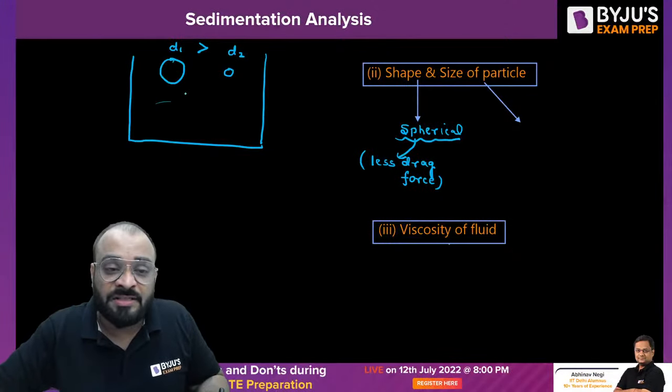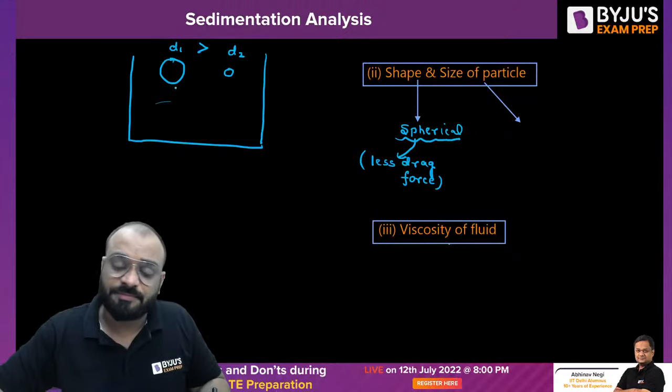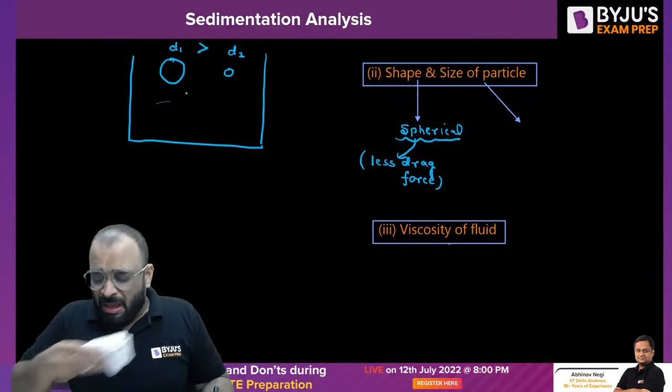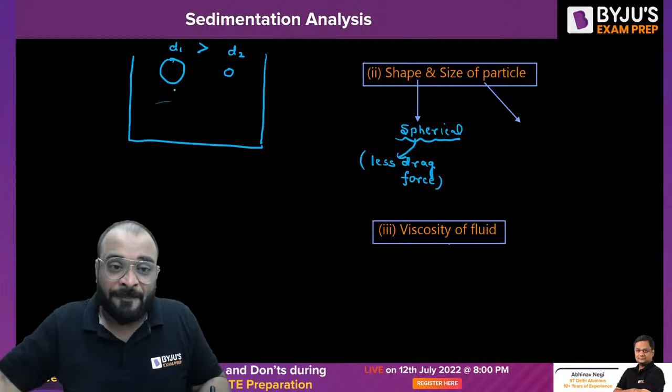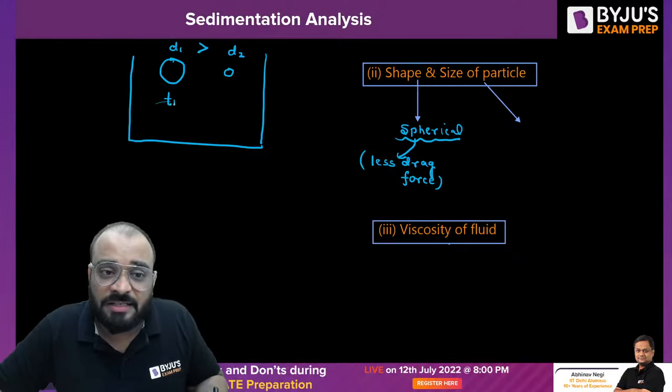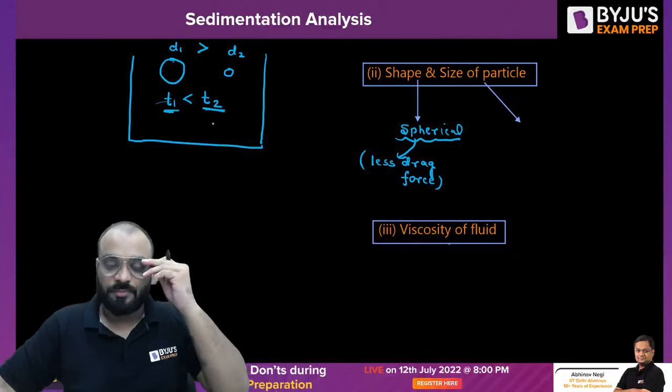D1. So you can see here guys, this D1 size of particle can settle down early as compared to D2. So can I say that the time required for the D1 size of particle is lesser as compared to the D2 size of particle? Correct?